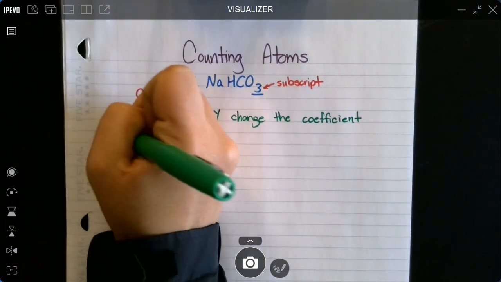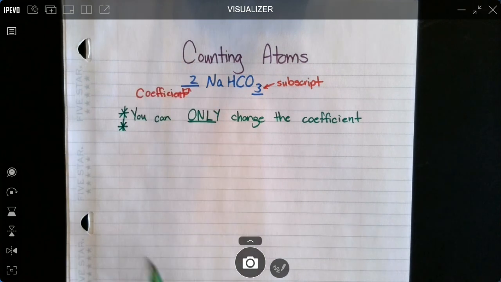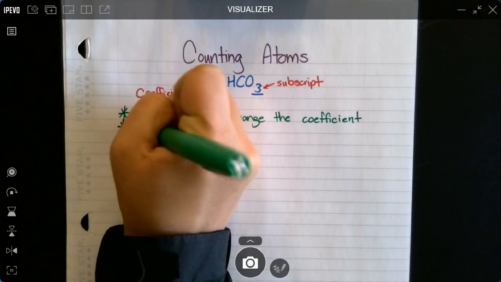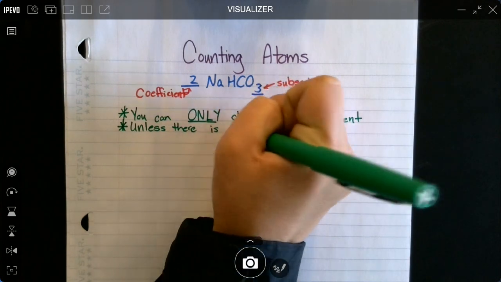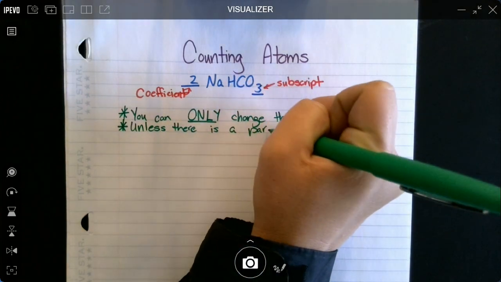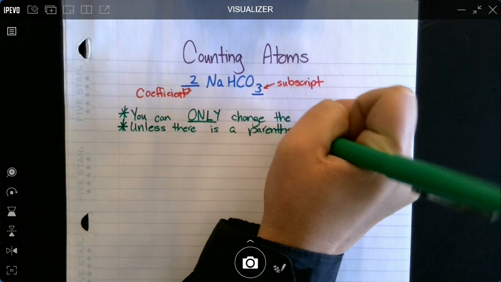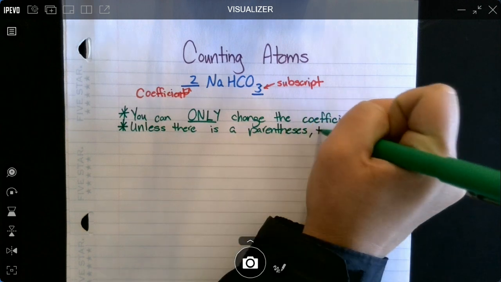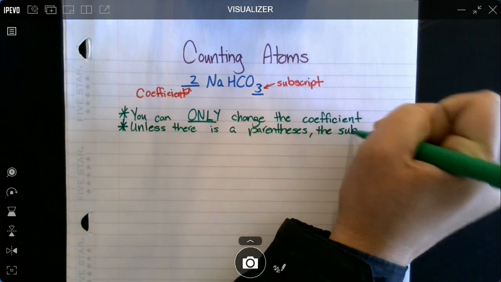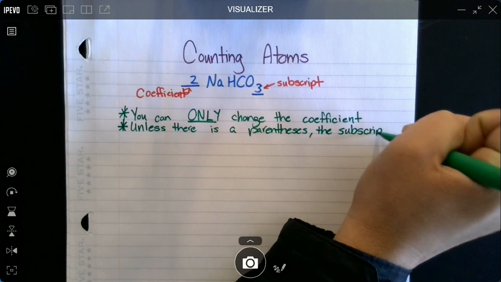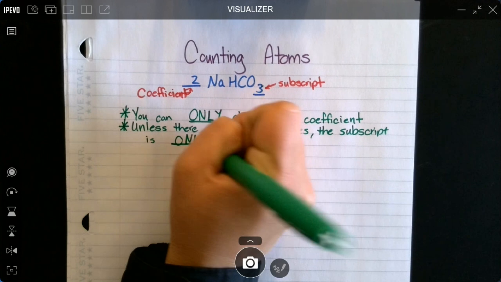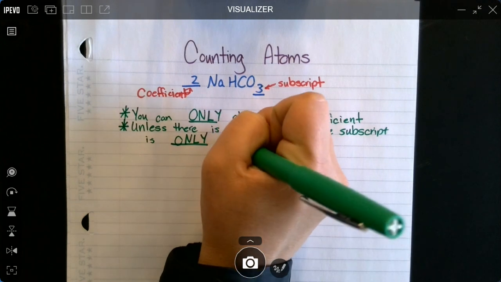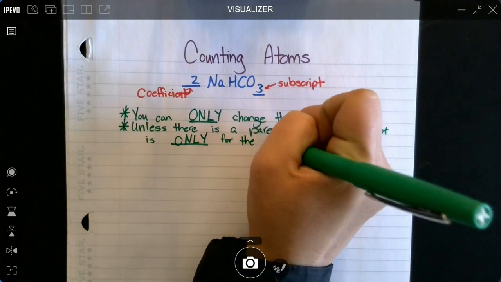The second main point for us: unless there is a parentheses, the subscript is only for the atom before it.